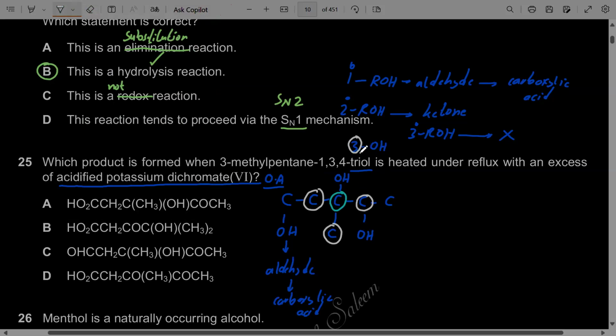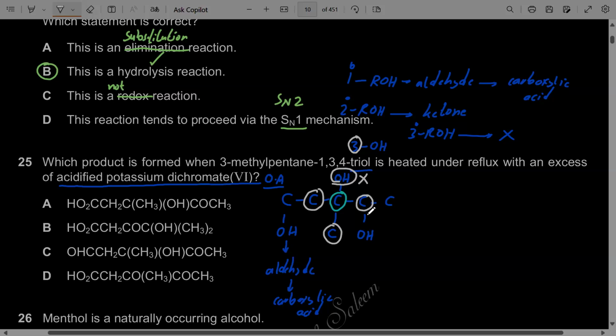So you can consider it as a tertiary alcohol. So this OH will not be giving any oxidation product. It will remain there. It will not convert into aldehyde or ketone or carboxylic acid. It will remain the same.